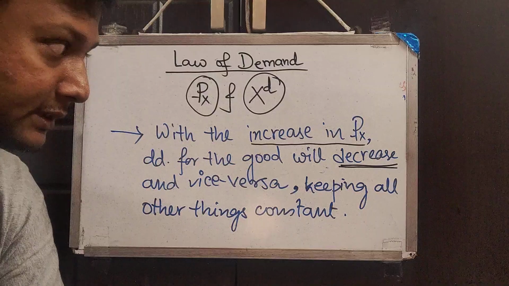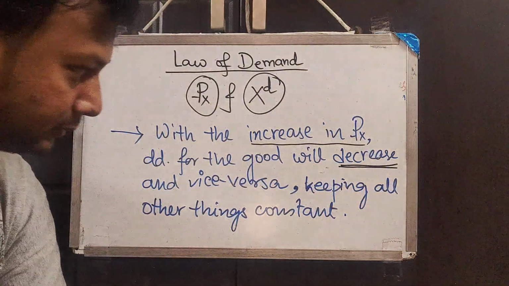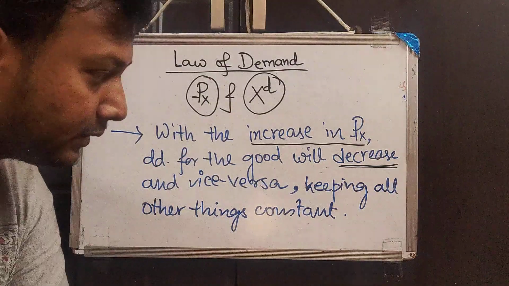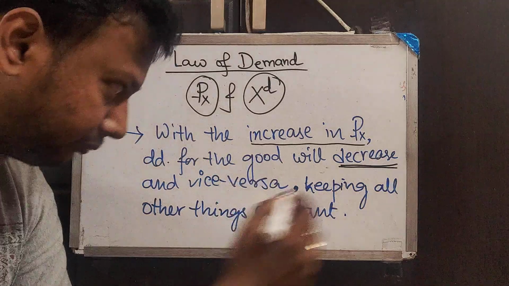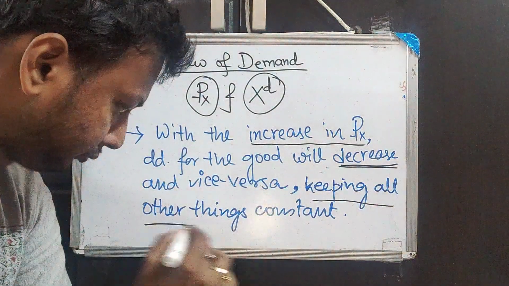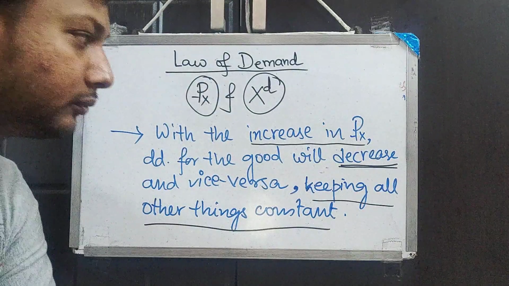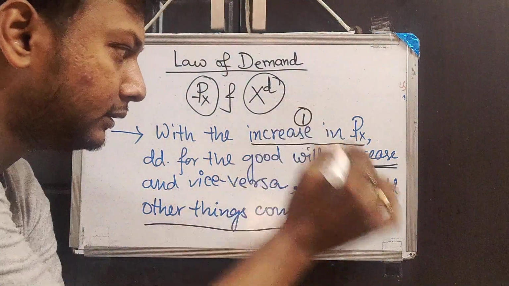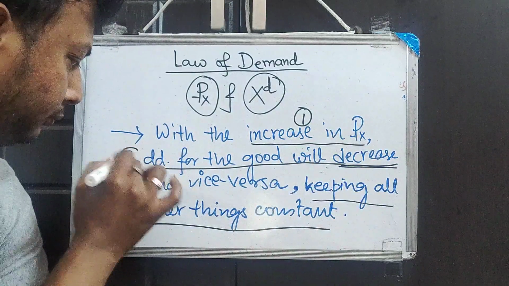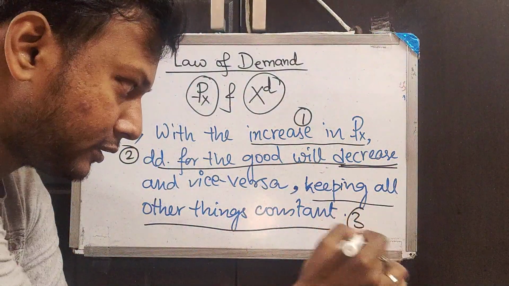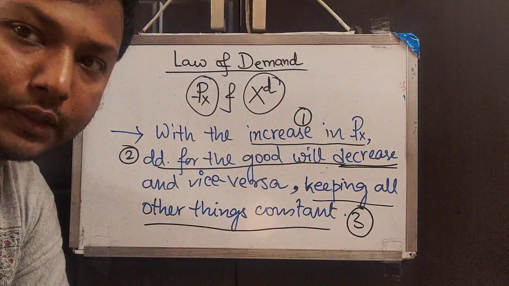So the law of demand states that with the increase in the price of the commodity, demand for it will go down, and vice versa, keeping all other factors constant. Okay. So 1, 2, and 3. So you'll have to write all these 3 points to get full marks.